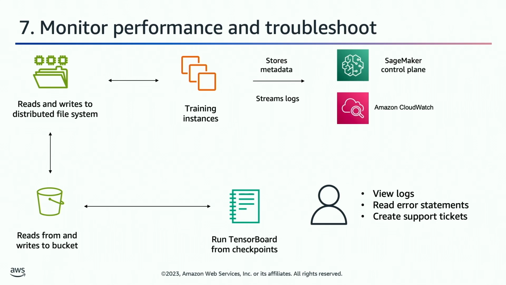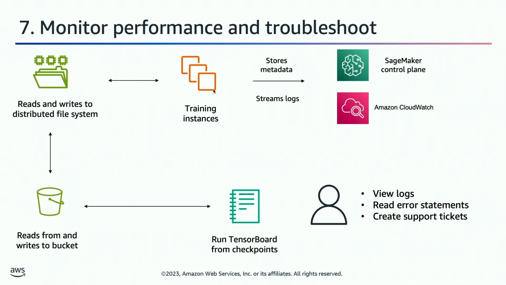So you can always head over to CloudWatch to view the action, see the play-by-play, and see what's happening in your training environment. All the metadata, again, is stored in the SageMaker control plane. Once you're there, you can easily do a one-click hop over to CloudWatch and see all the logs for that instance, and it's really nice. So that's a very nice experience.